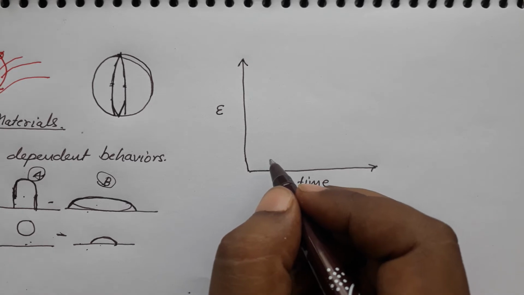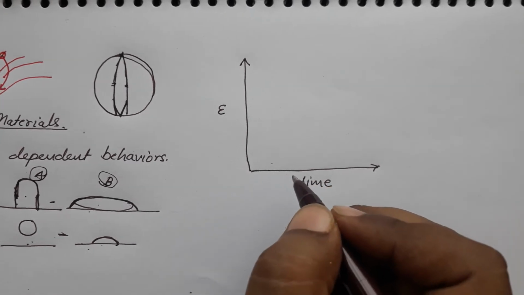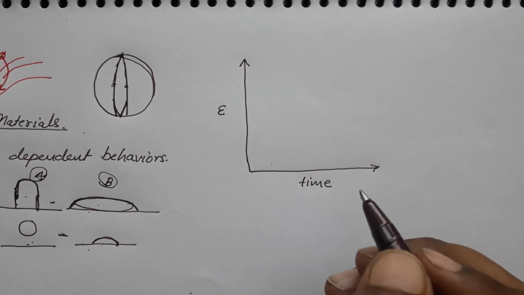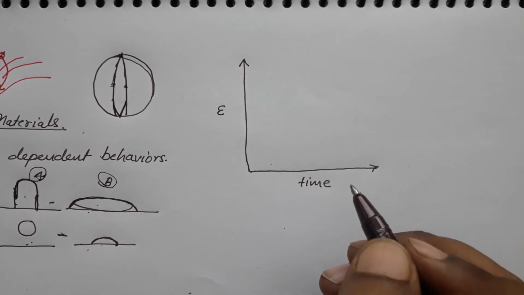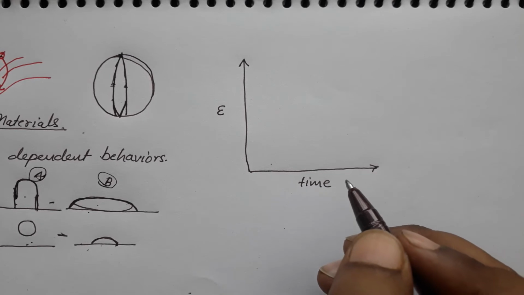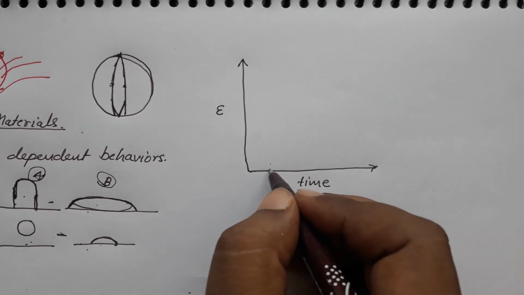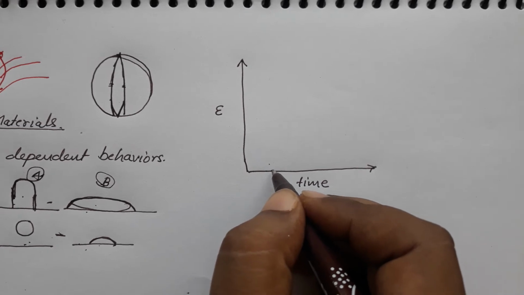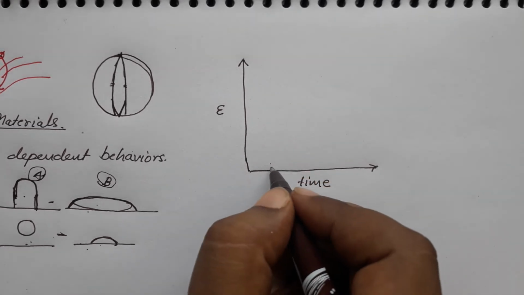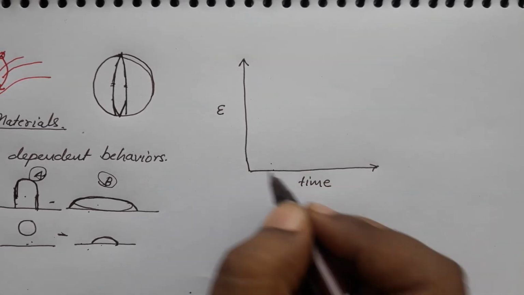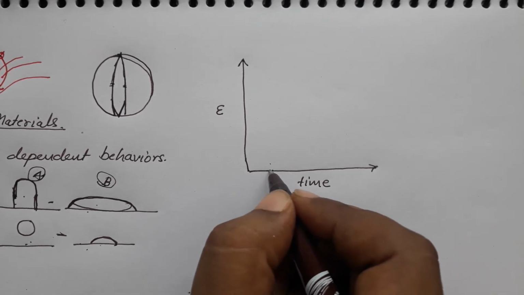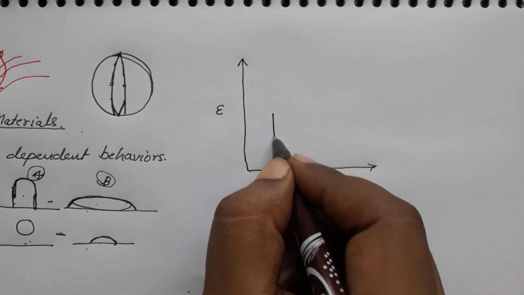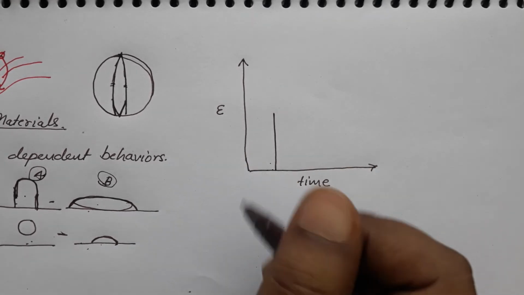Instantly I hang it, and that much amount of load, so 20 kgf load, so 20 into 10, 200 Newton approximately, no, it will be 200 kilonewton will be applied on that chain or wire, and that amount of force is applied instantly. Okay. So, I have not allowed much time for the material, for the chain to deform.